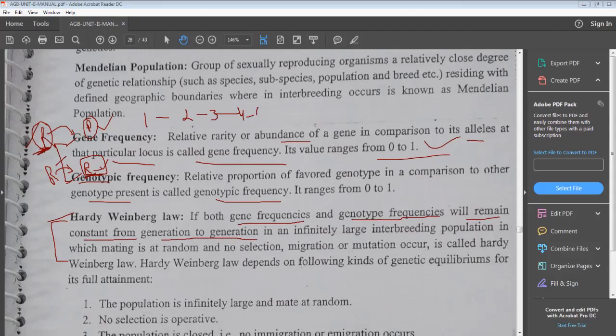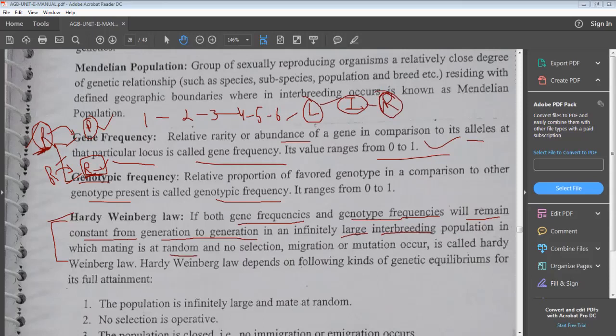In every generation, these frequencies remain constant. The population size is large, and the individuals are interbreeding. The mating is random.